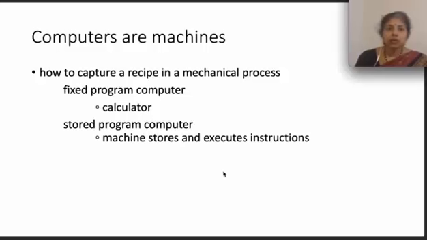Whereas in a stored program computer, you can devise your own program, write a set of instructions so that the computer can carry them out and fulfill the task. So in a stored program computer, the machine stores and executes instructions.